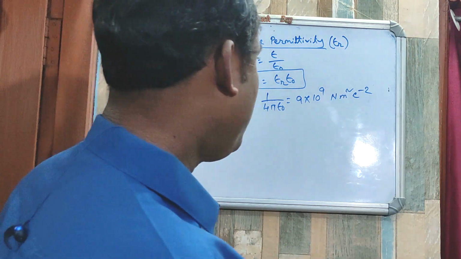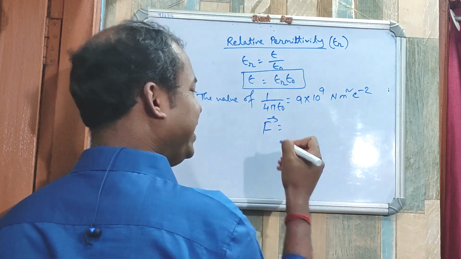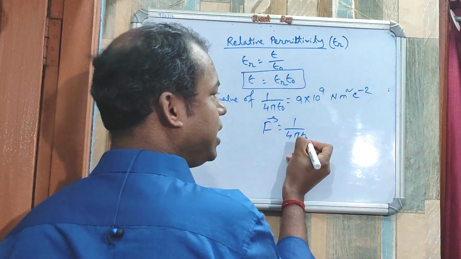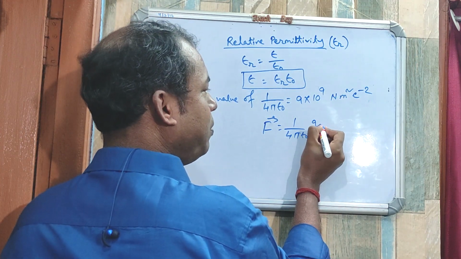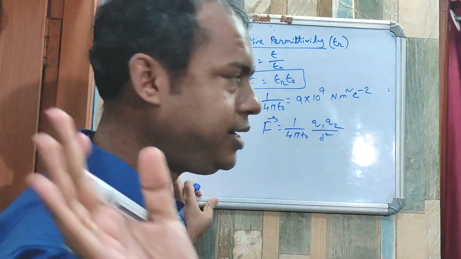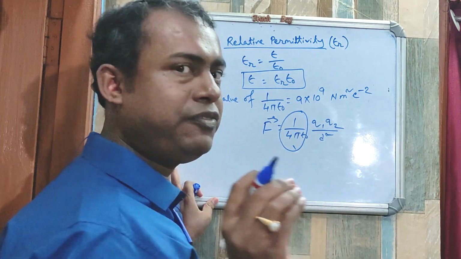Now one more thing, from Coulomb's law in the SI system: F equals 1 by 4 pi epsilon 0 into Q1 Q2 by d square. Am I right? This 1 by 4 pi epsilon 0 has a particular fixed value.